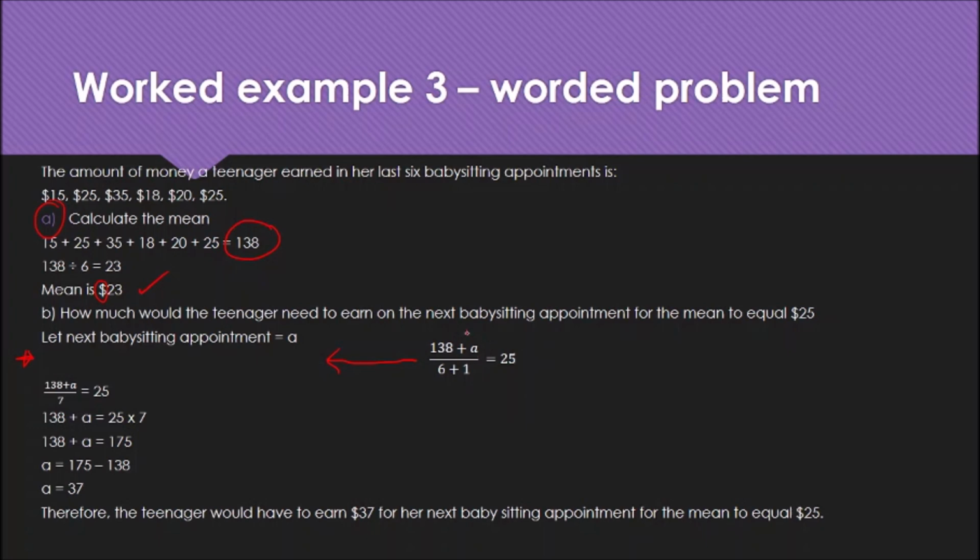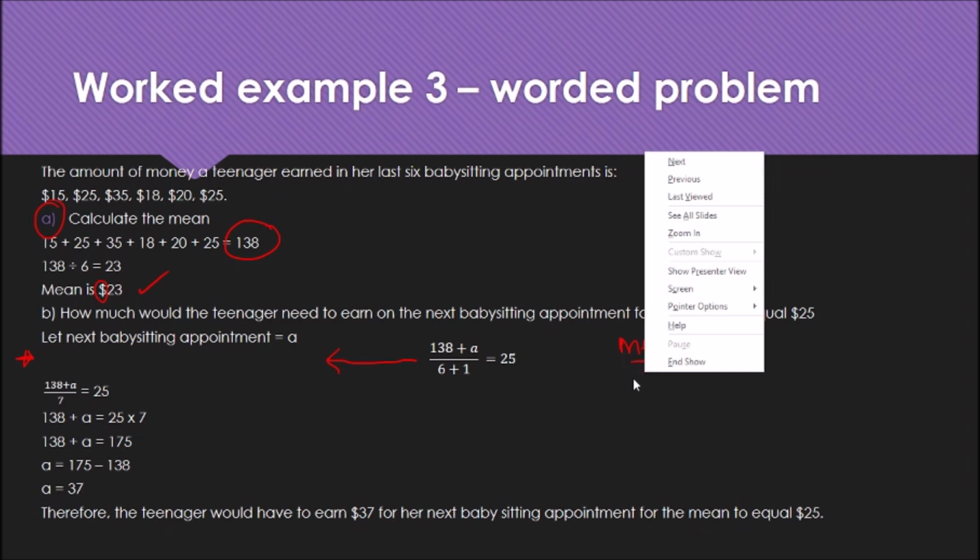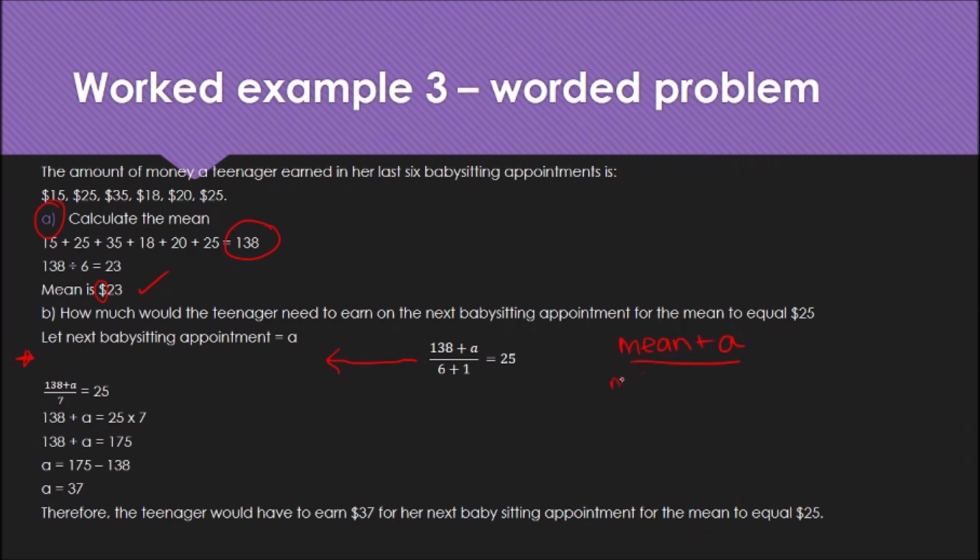So you put in the mean plus the letter you've given them, and then you put the number of values in data set, which is 6, because we've got 6 here, 1, 2, 3, 4, 5, 6 in data set, plus 1, because you're looking for the next one, that it says for the next babysitting, so this one's where the plus 1 comes from.